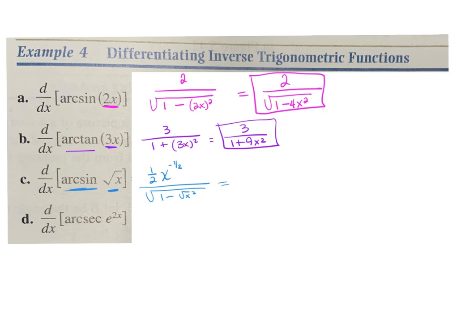The 1 stays on top, but that 2 can go to the bottom. Something else can actually go to the bottom: the x to the 1/2, I would write it like that. And then we also have times 1 minus x squared, because if I square a square root, it looks like that. When I multiply radicals, what can I do with them? Like if I had square root of 2 times square root of 3, what would you tell me that is?